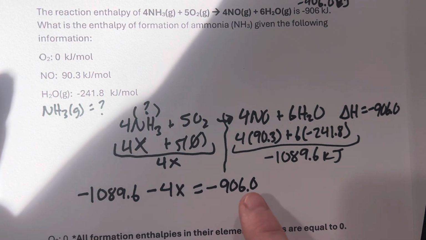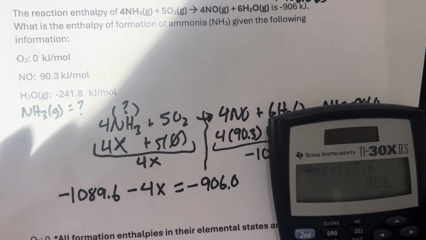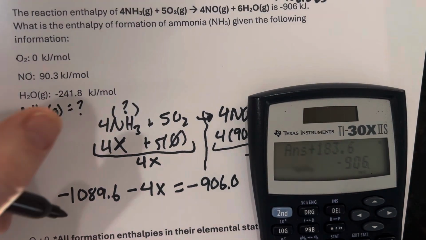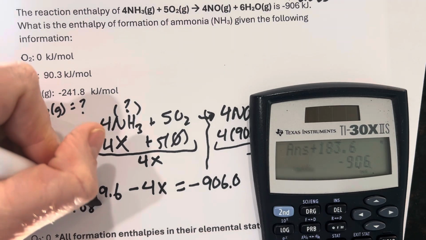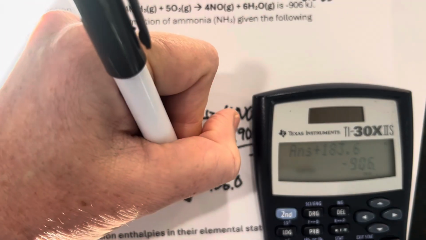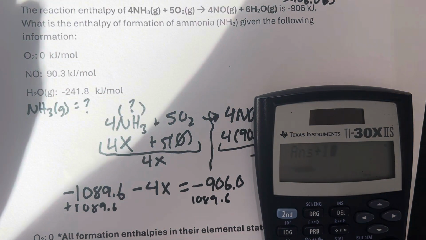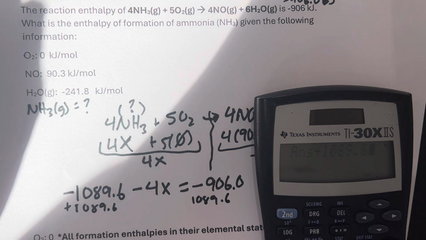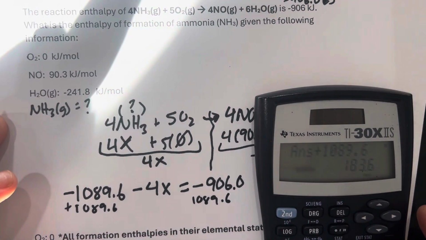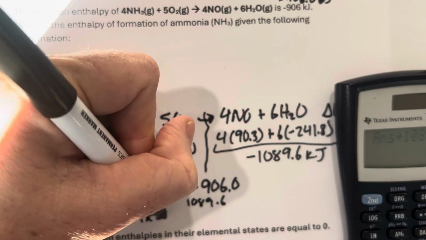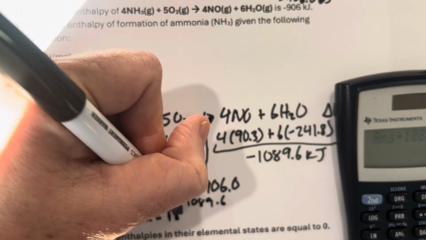Our goal is to get x alone. So what we're going to do is take 906 and add to it 1089.6 to both sides. And that tells me that negative 4x equals 183.6.